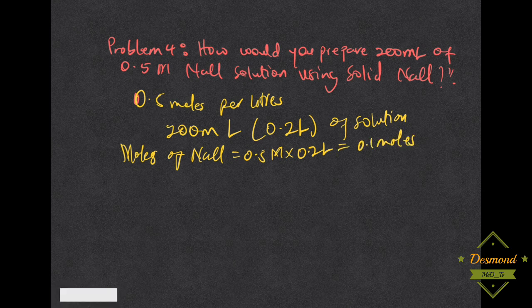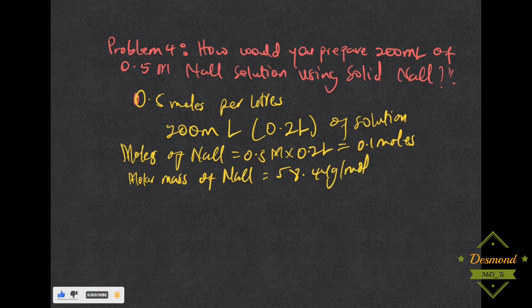Now we then convert the moles to grams. The molar mass of NaCl is approximately 58.44 grams per mole.